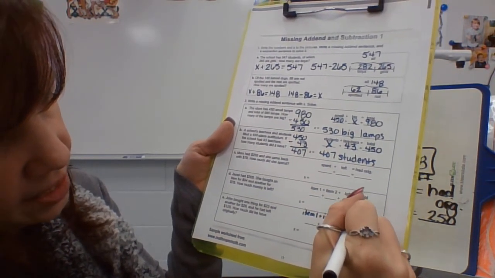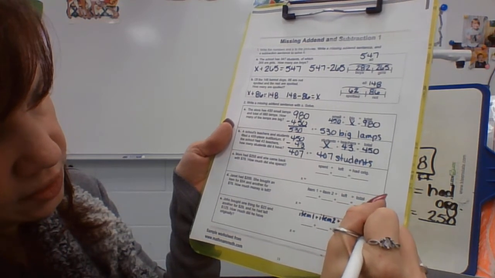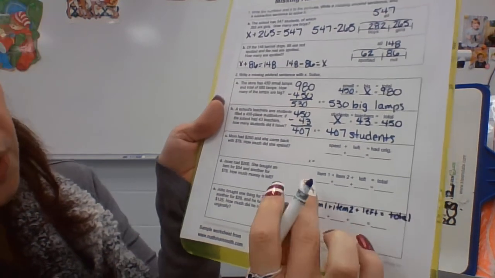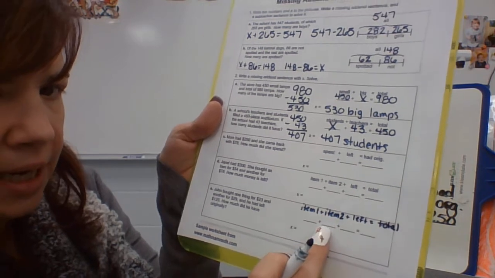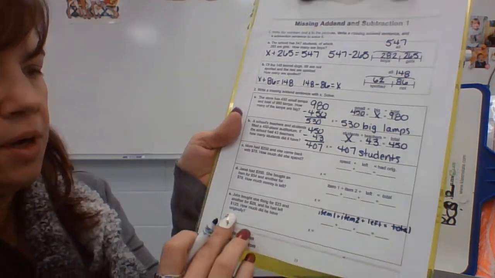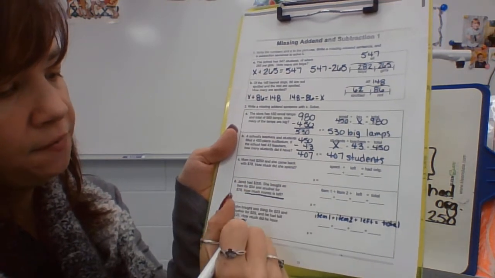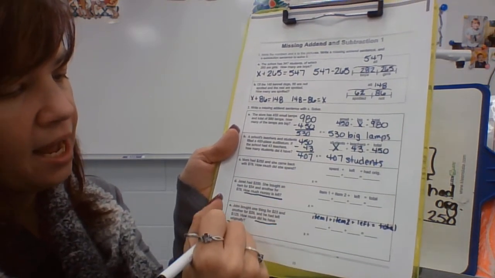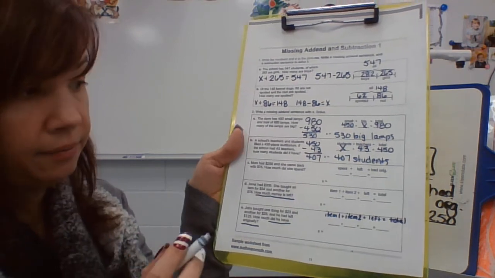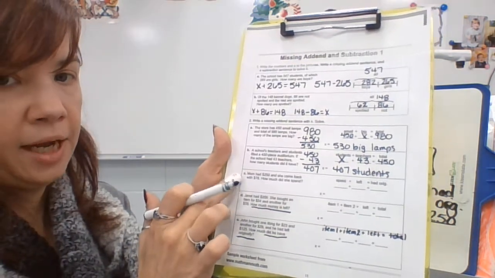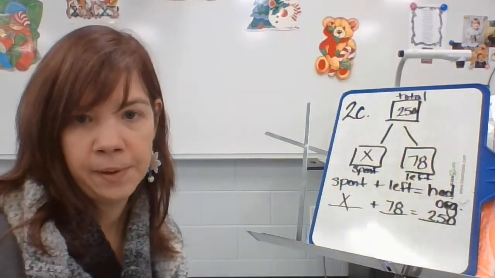So here's what he had left, and that equals his total. Okay, so just like right above it, it's the same setup. Only they're asking two different things. How much money is left, and how much did he have originally? Might help to think about number 3 for that one.